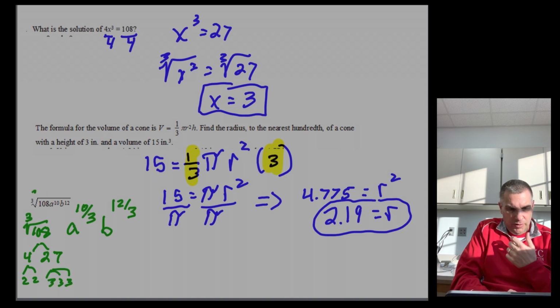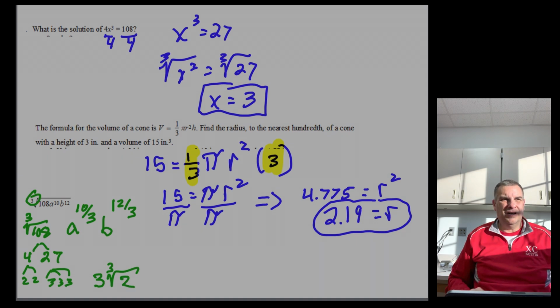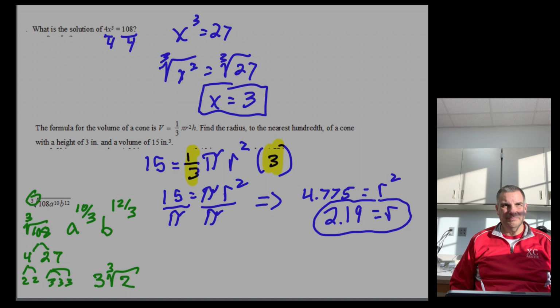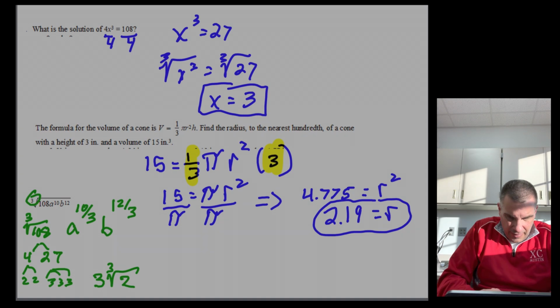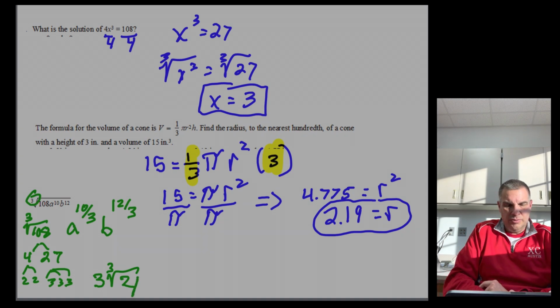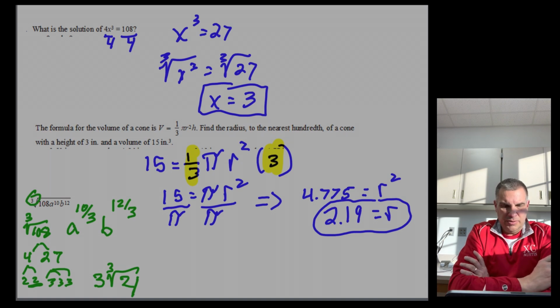So we're looking for cubic, so that's 3 comes out times the cubed root of 2. That's what 108 is. I think. Oh, 2 times 2 is 4. That should be a 4. Got to multiply those 2's together. Sorry about that. 2 times 2 is 4.